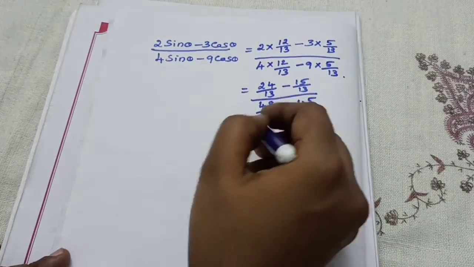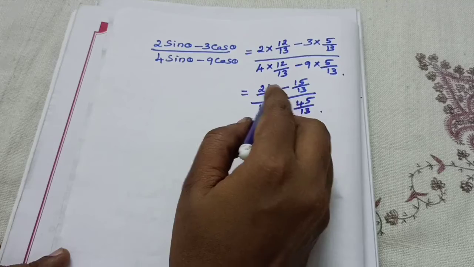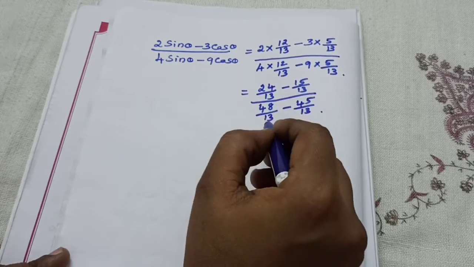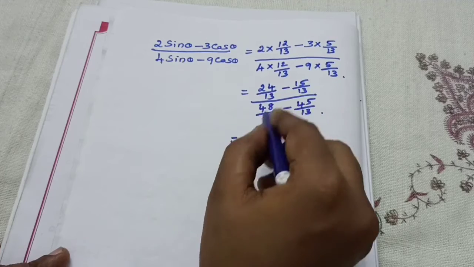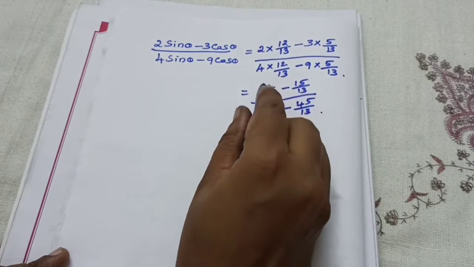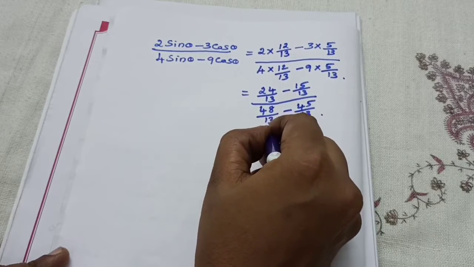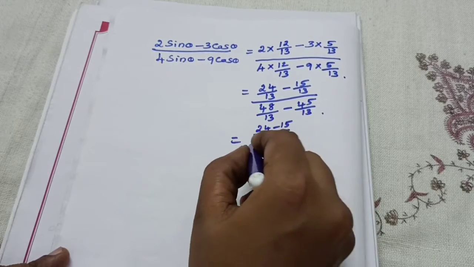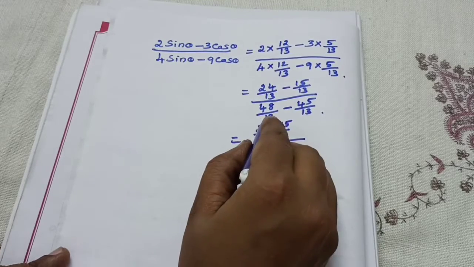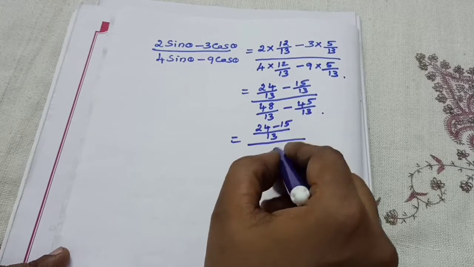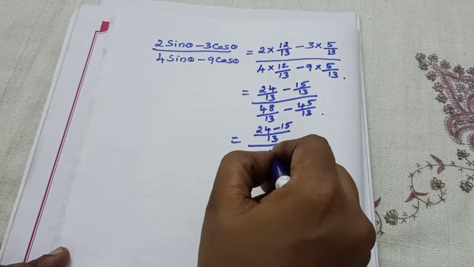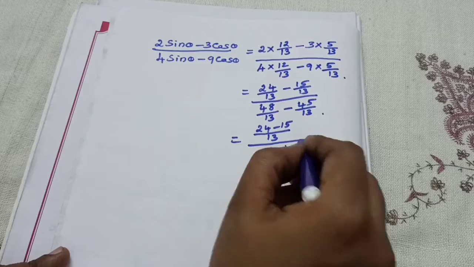Am I correct? Then here this is a fraction, numerator and denominator both are fractions. So what's the LCM? Numerator LCM is 13. So the common LCM is 13, 24 minus 15. The whole divided by, here also what's the LCM? 13 is there. Here also 13, isn't it? 13 is the LCM. Then 48 minus 45.